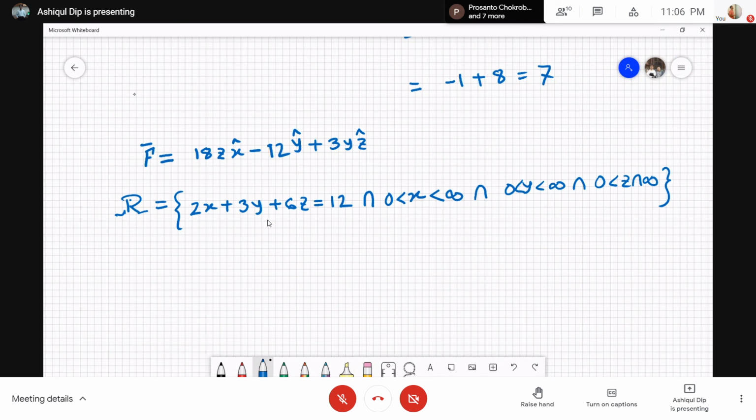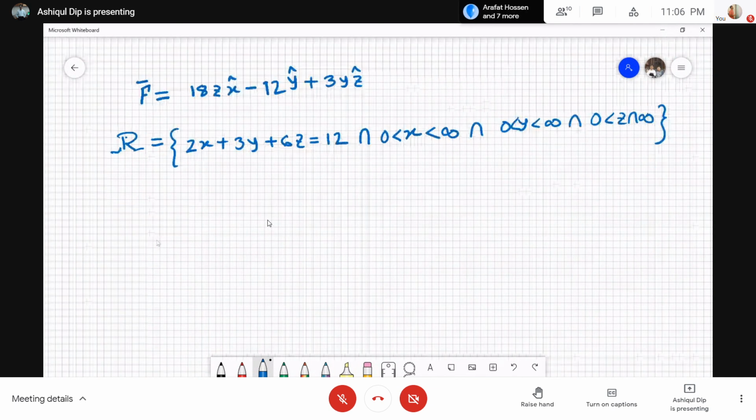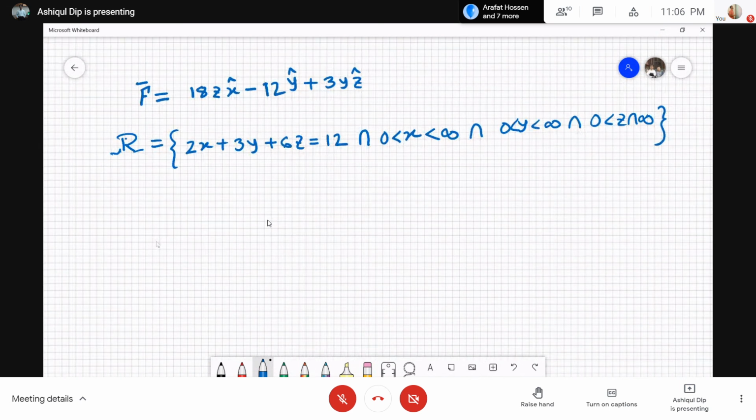So it's a set of things: the set of all possible points that lie in this plane, but you have to take the intersection with the axes.